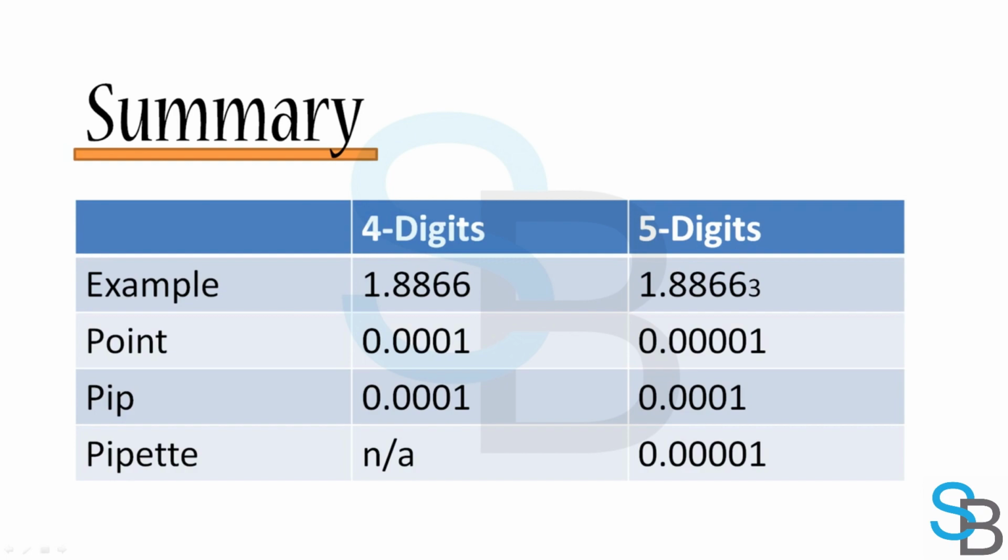A pip never changes. A pip is always fixed regardless of the quotation system, and it equals 0.0001. And a pipette, there's no such a thing in the 4-digit system. In the 5-digit system, because there's enough precision, you can talk about pipettes, and it's 0.00001. However, I do advise not to use this term because it's not frequently used.